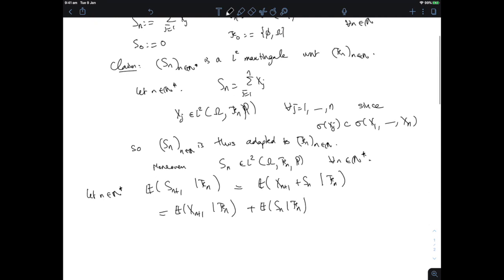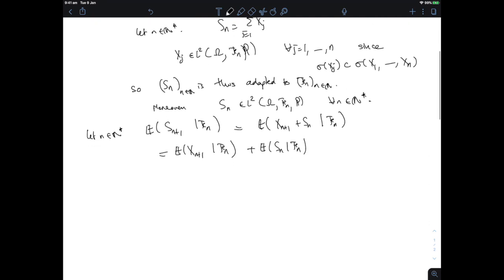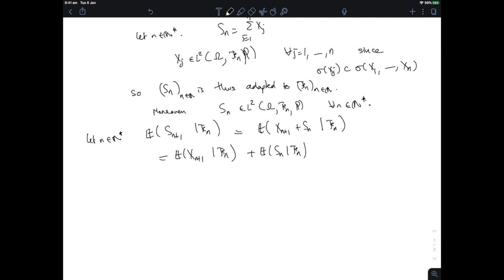But now, okay, now what have we got? Xn plus 1 is independent of Fn. Why is that? Because Fn is the sigma algebra generated by all the random variables up to n. In particular, it doesn't include xn plus 1. Now, xn plus 1 is independent of all the xj's before it.